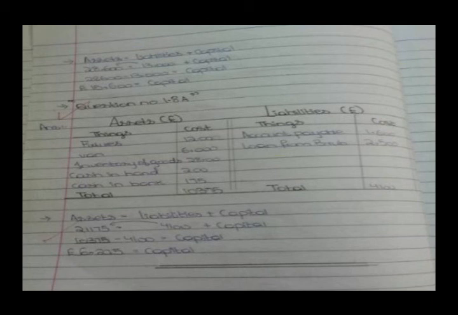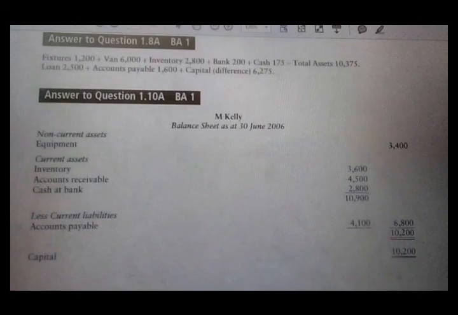The answer is on slide number 13 in front of you. This is the solution of the question. This is also the solution of 1.10. After attempting the question, you will make the balance sheet like this.